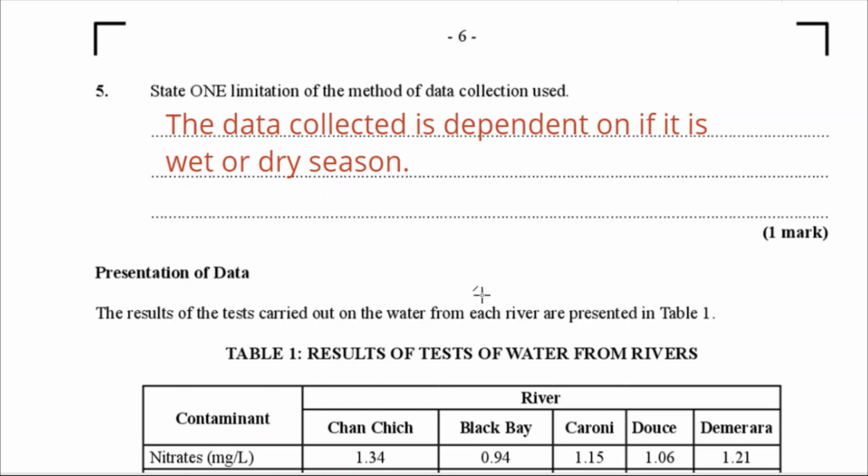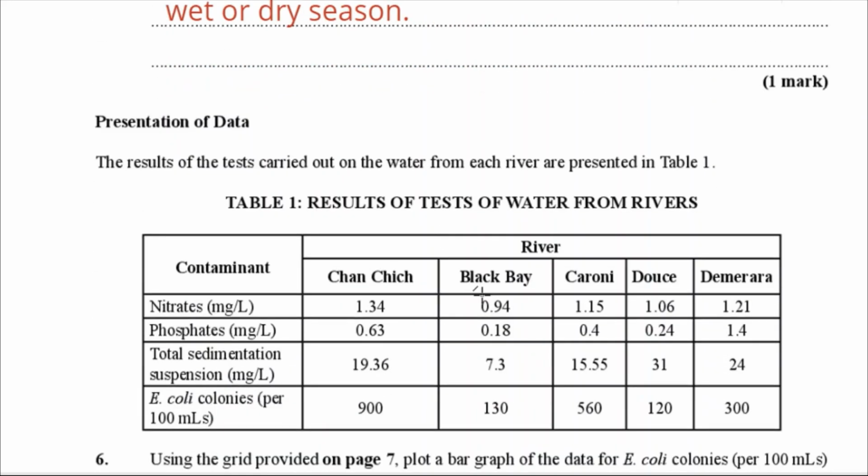Okay, so now going on to the presentation of data. So you can see here now the results of the tests carried out on the water from each river are presented in Table 1. So remember, presentation of data can take the form of tables, charts, so it could be pie charts, graphs. So those are the key different ways that you can present your information.